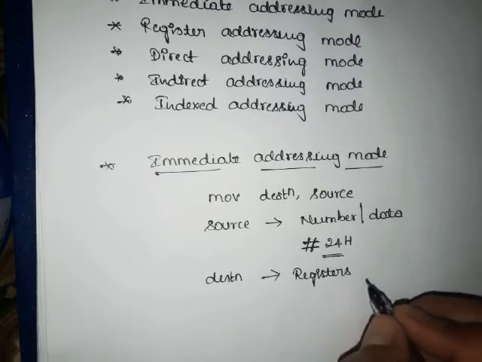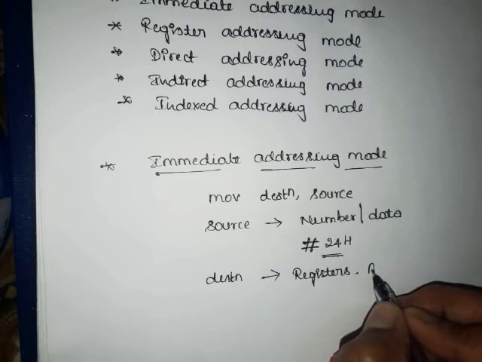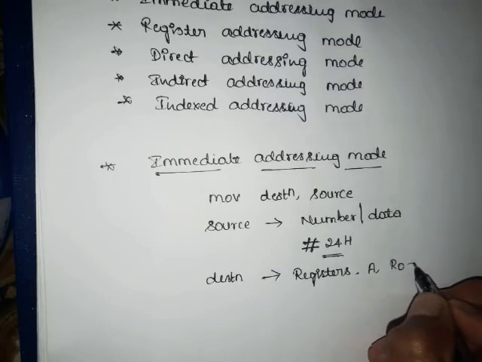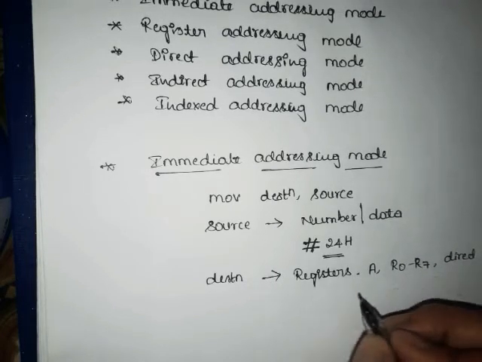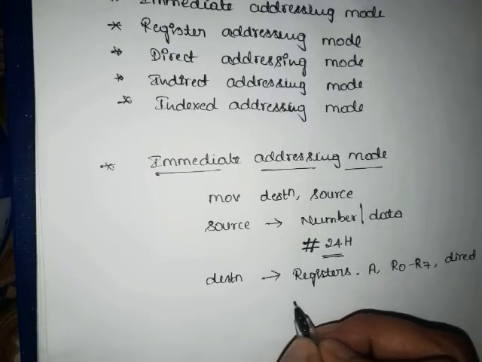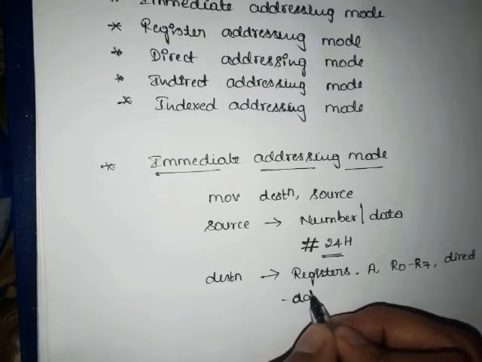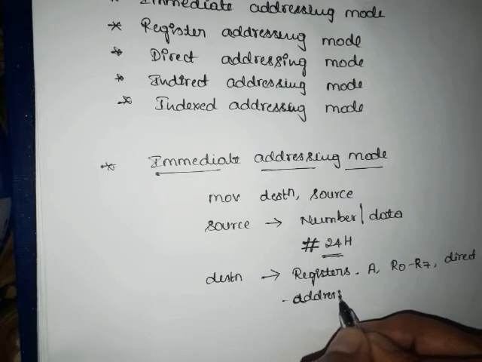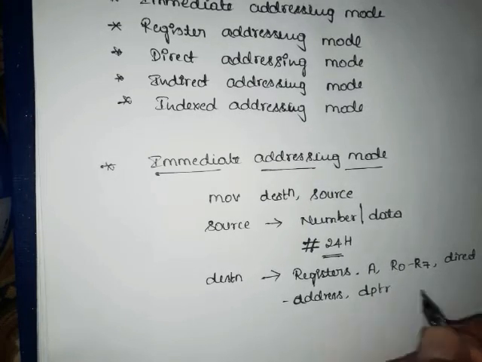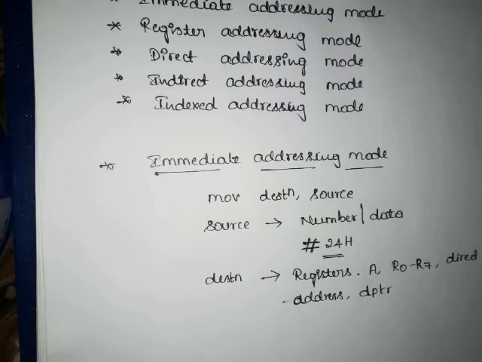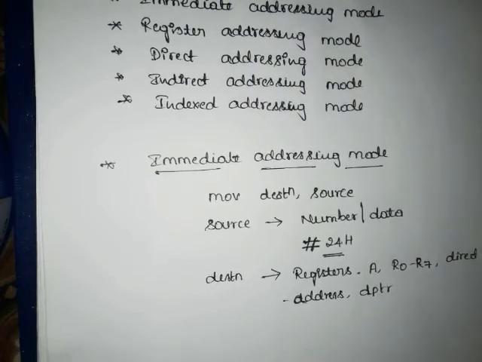It may be a register from R0 to R7, or it may be a direct address also, or it may be a DPTR, data pointer. So let me explain one by one different types.